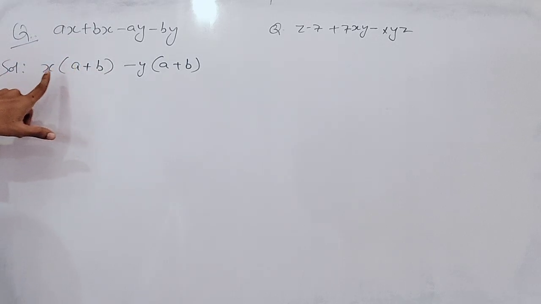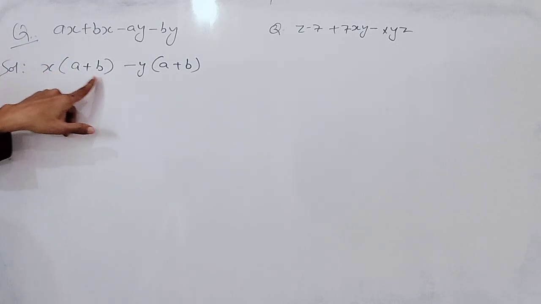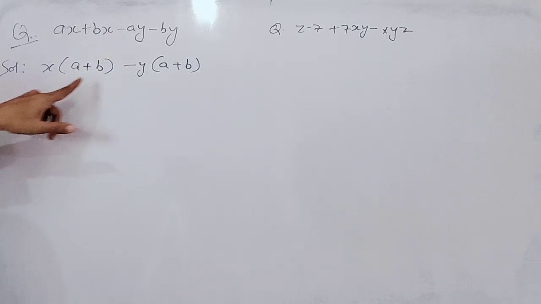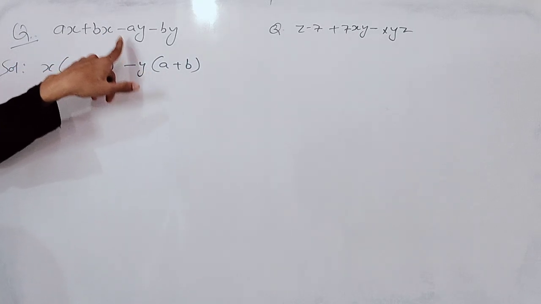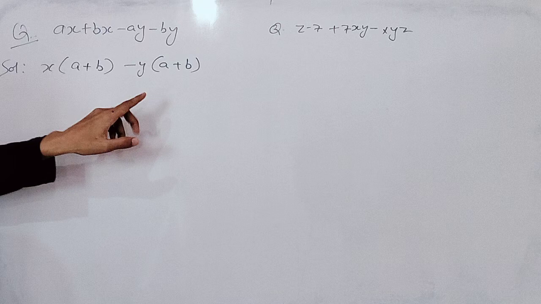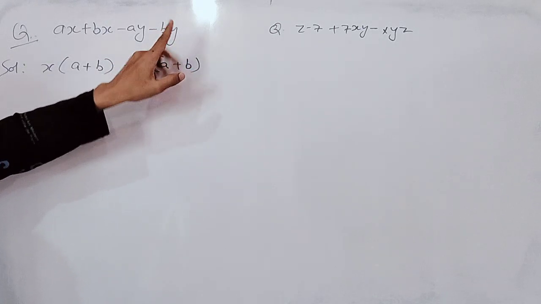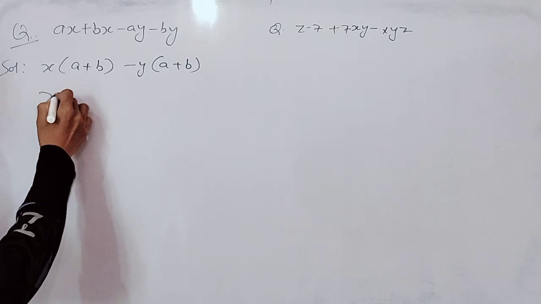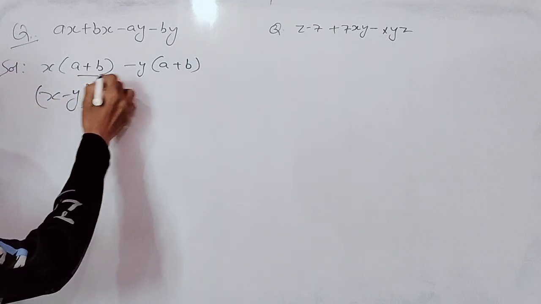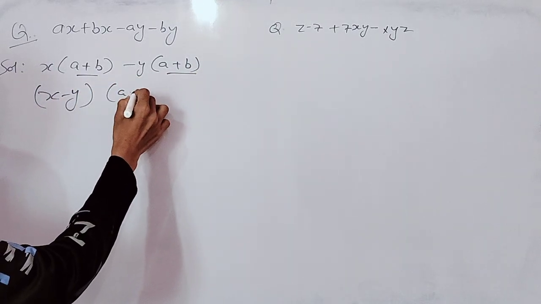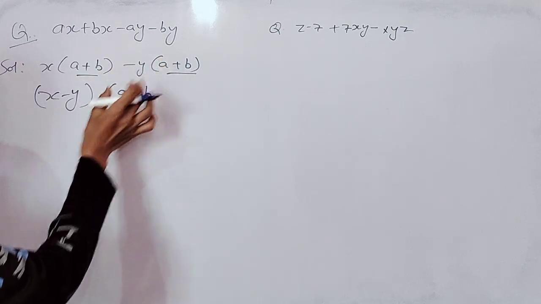Multiply this, then you should get bx minus ya, okay, minus plus minus, y multiply b, by, outside terms, and this, as you know both are same.